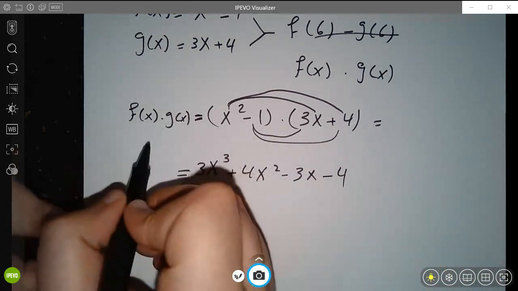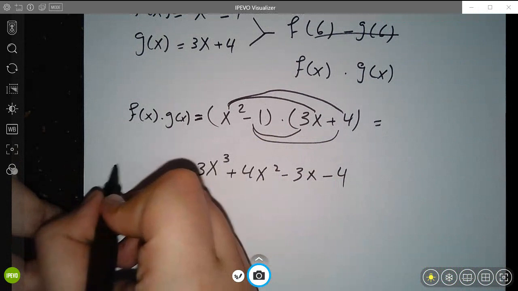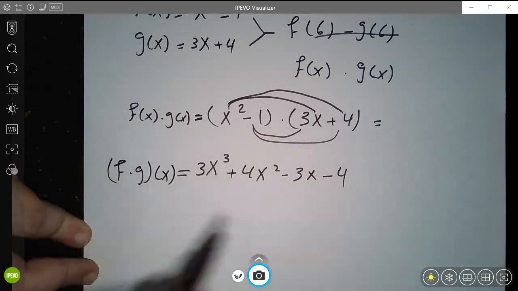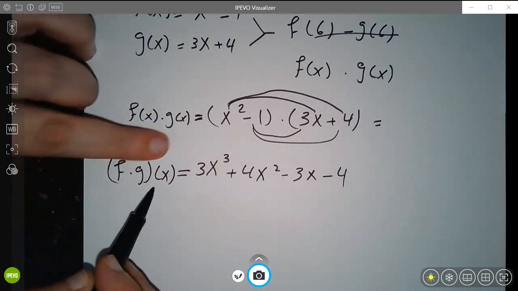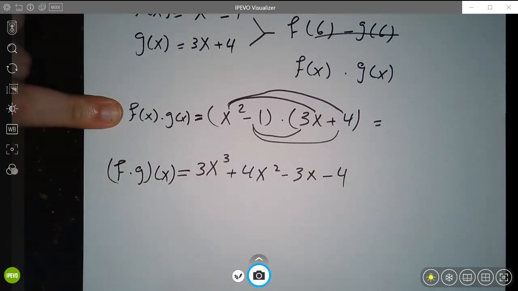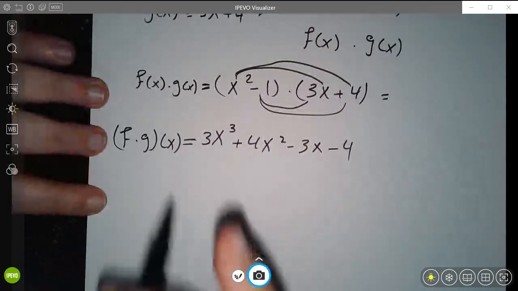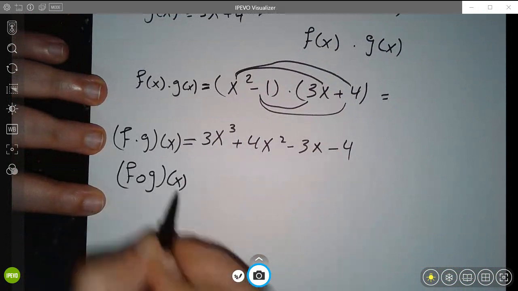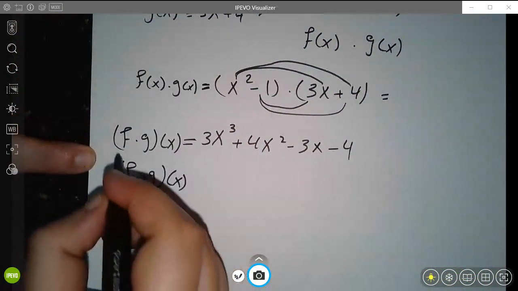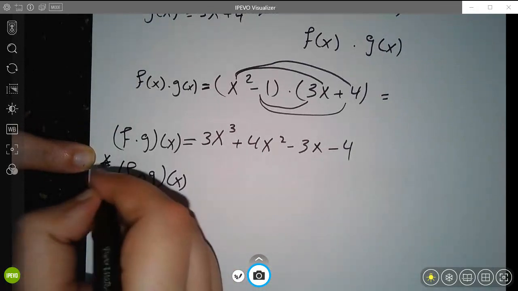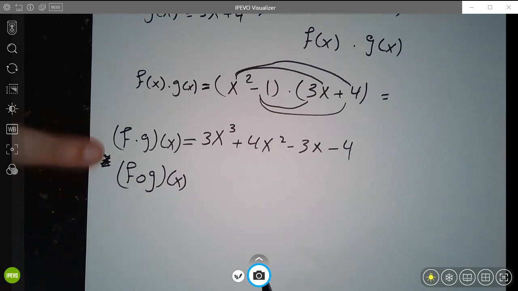Now, as for the form we usually use, the multiplication looks like this, right? So it's f times g of x. Make sense? So if you see this, I mean that. If you see this, that's not the same thing. These are not the same. Maybe I shouldn't use x. But these are not the same thing.